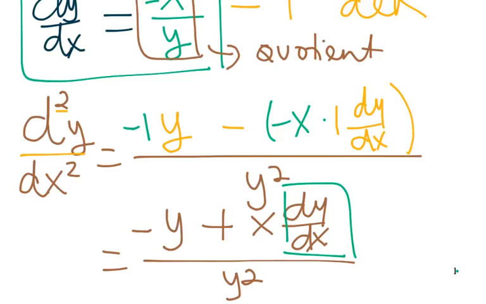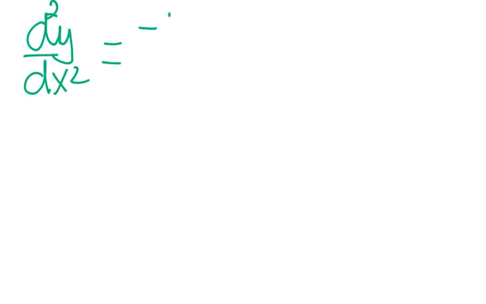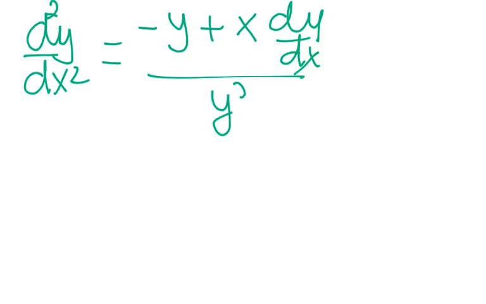Let's recall the second derivative that we have is negative y plus x dy over dx, over y squared. We want to do something so that dy over dx is going to disappear. So let's recall the first derivative that we solved, which is negative x over y.